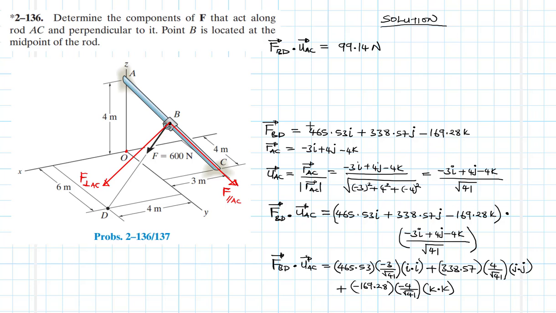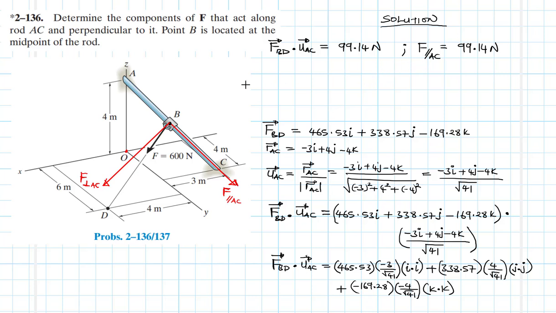Right, so that is what we find, and this is the force component along AC. Therefore, our force component along AC is equal to 99.14 newtons.